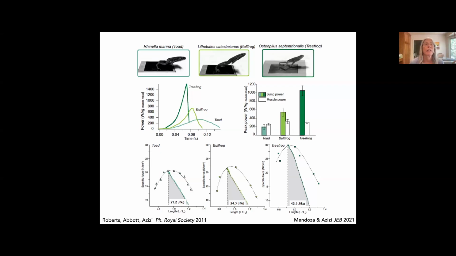Right. I was thinking of, for example, the recent paper from Peterson and Roberts, that there is some elastic recoil of the muscles as well. But the elastic recoil of muscles goes in the wrong direction.